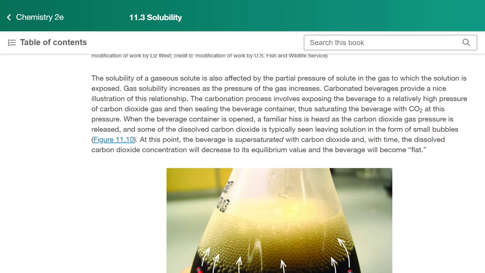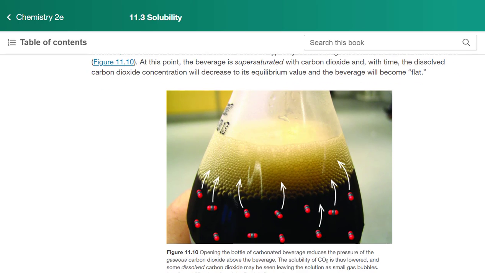And so what you'll often notice is that as you look at that carbonated beverage, once you open the container, it starts to form bubbles, and those bubbles are the carbon dioxide escaping the solution, and we're showing a picture of that here. And we often refer to this as going flat. So the carbonated beverage has gone flat when all of those carbon dioxide molecules have left the solution.